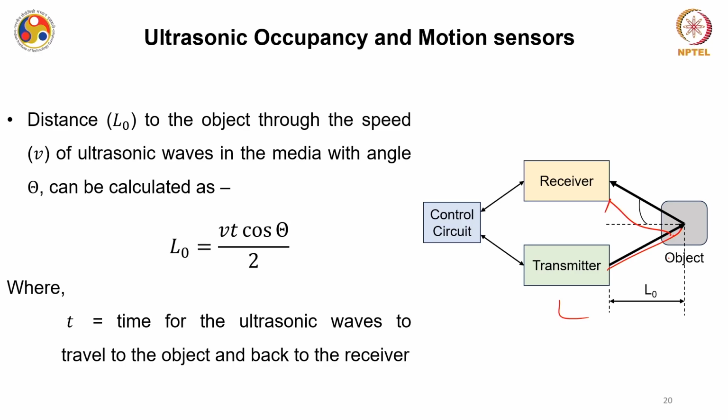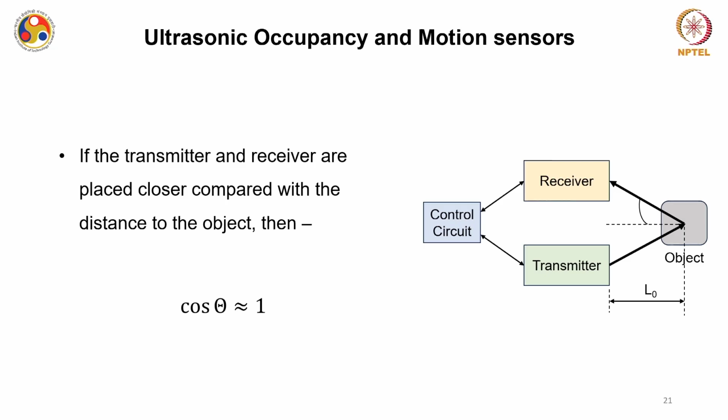So the distance L naught to the object, through the speed v of the ultrasonic wave in the medium with the angle theta, can be calculated as L naught is equal to Vt cos theta by 2, where t is the time for the ultrasonic wave to travel to the object and again back to the receiver. So L naught is equal to Vt cos theta by 2.